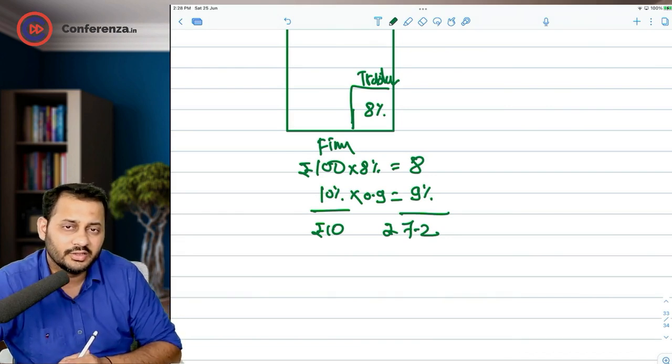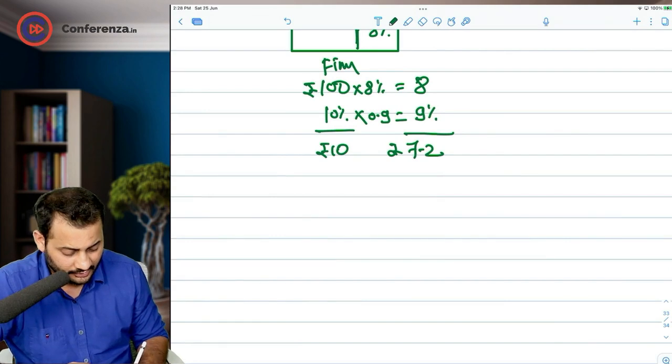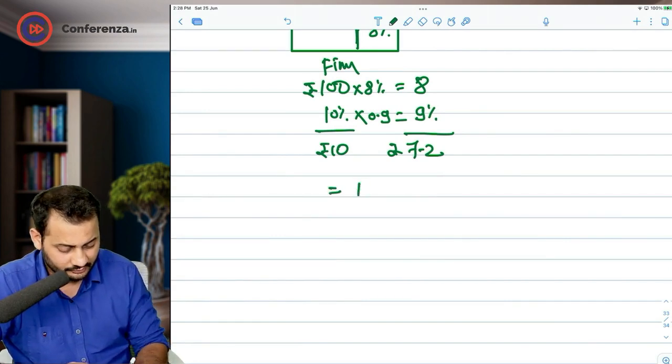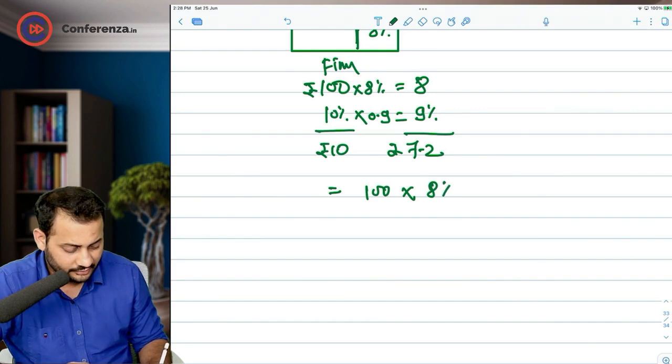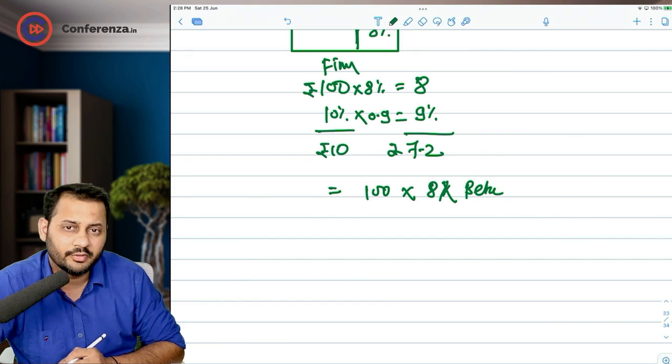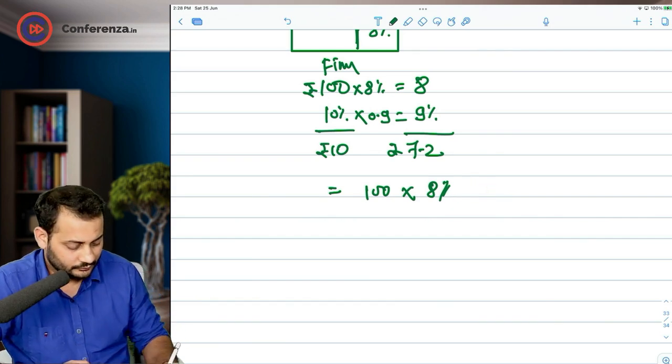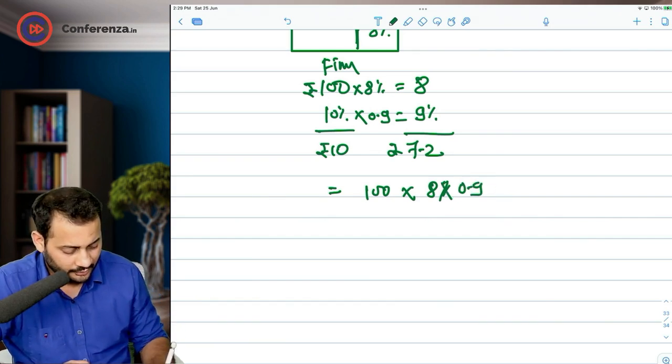How did we arrive at the return of the trader? It's very simple. Trader's return is nothing but firm's return of 100 rupees multiplied by the allotted share and multiplied by the beta, that is 0.9. It gives you 7.2.